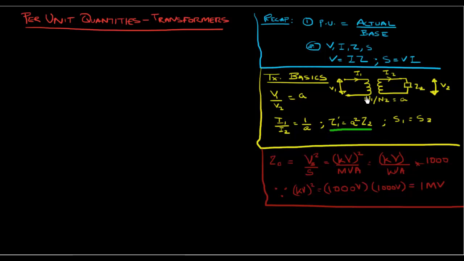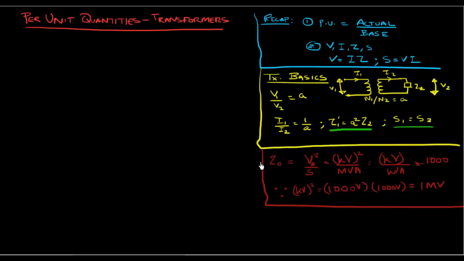Also, we know that the power remains the same on the primary and the secondary side. So these are transformer basics. I'm hoping you've all remembered this from your transformer classes earlier on. If not, I encourage you to quickly review those once again. But since they're useful in this discussion, I thought I'll quickly run by them.